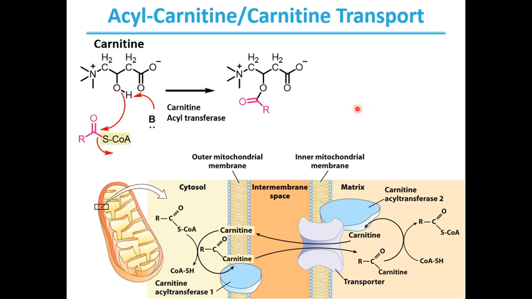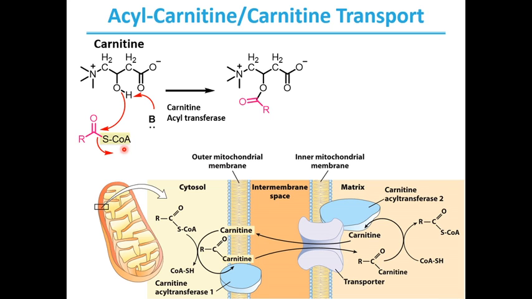Fatty acyl-CoA esters formed on the cytosolic side of the outer mitochondrial membrane can be transported into the mitochondrion and oxidized to produce ATP, or they can be used in the cytosol to synthesize membrane lipids. Now, this is the fatty acyl-CoA ester that was synthesized from a fatty acid, right?